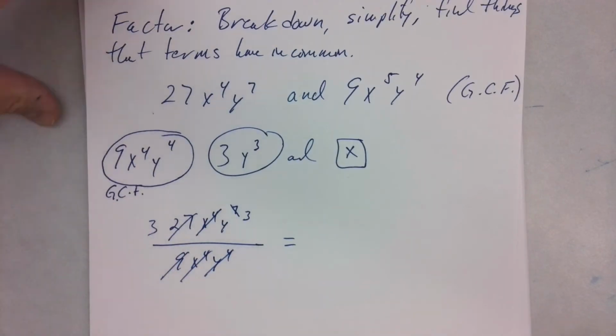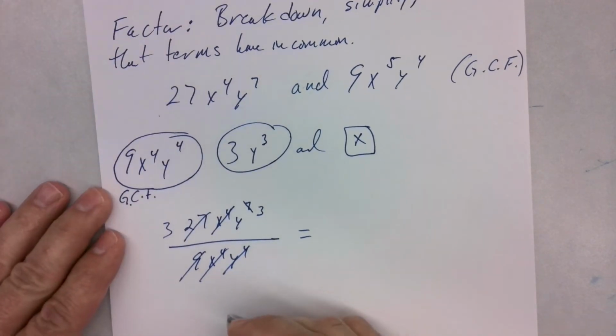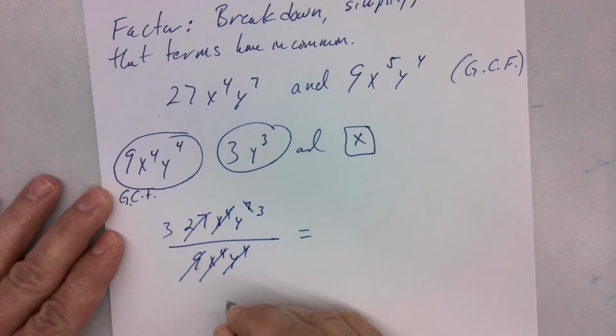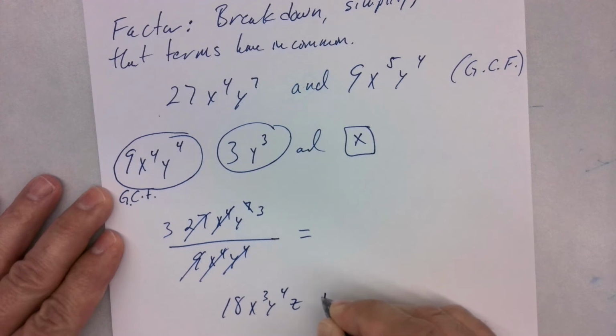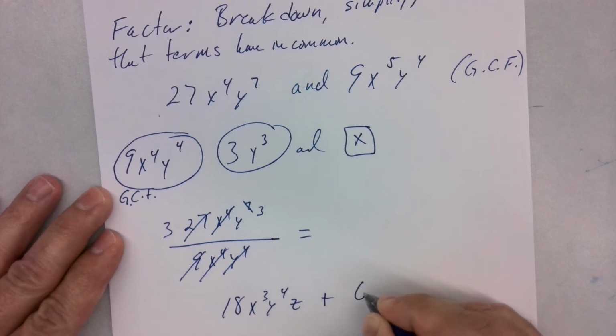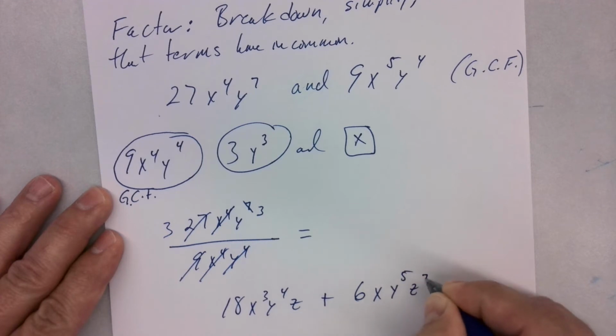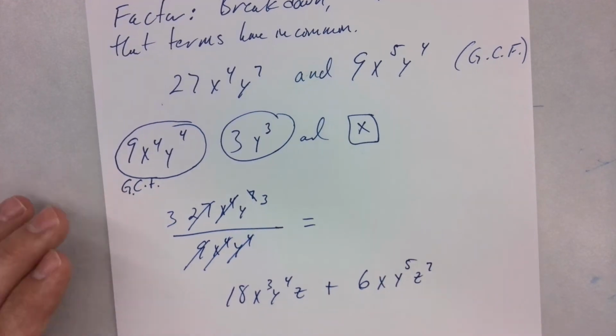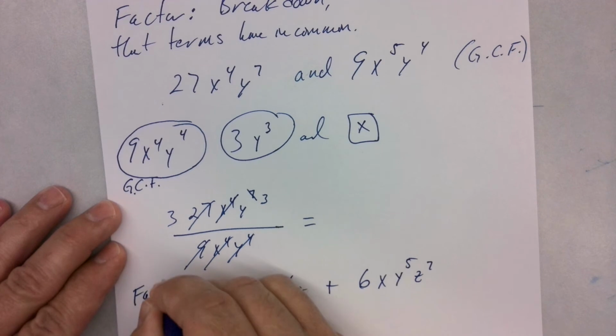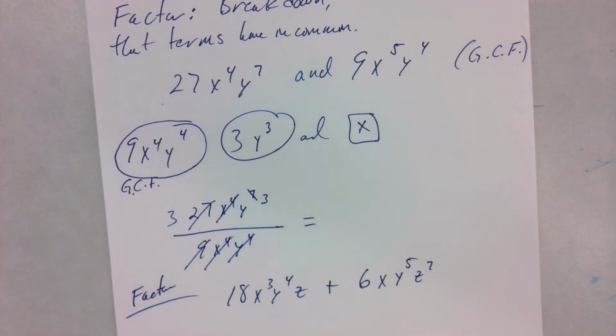Now, let's say I had 18 x cubed y to the 4th z plus 6 x y to the 5th z to the 7th, and I simply asked you to factor it. When I want you to factor it, I want you to take out the GCF, but then you've also got to have what is left over.